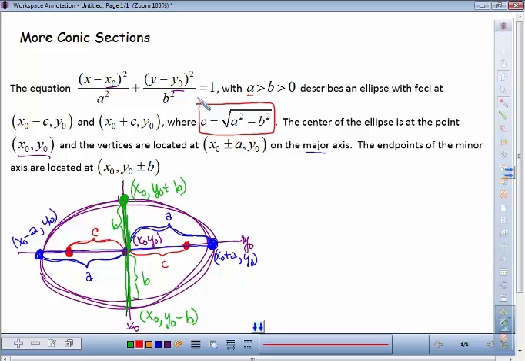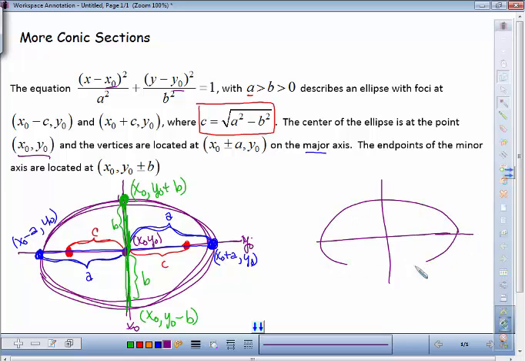Now, I kind of didn't talk about the ellipse from a graphical point of view, but the definition of the ellipse is set up according to distances again, just like the distances for the parabola. Remember, the parabola was defined as all the points equidistant from the focus to the directrix.